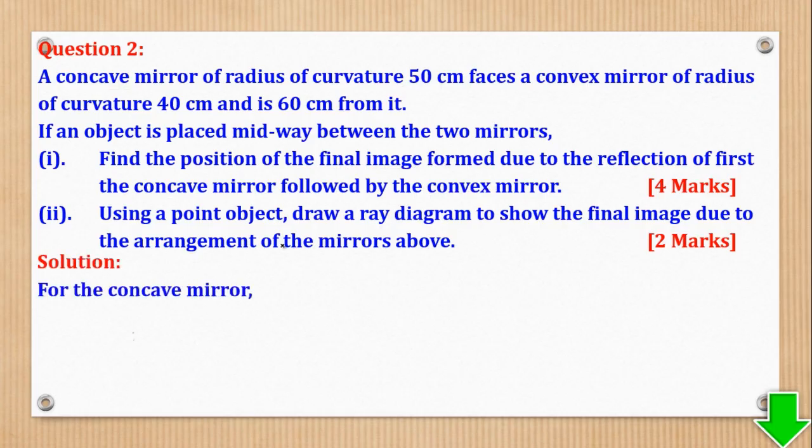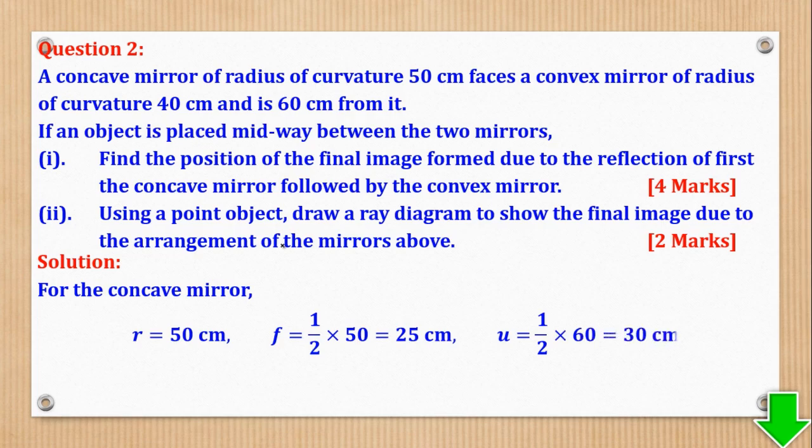So for a concave mirror, we know the radius of curvature is 50, meaning the focal length will be 25. And the object distance is half, because they said it was placed midway of the separation. That is why we take half of 60 to give 30 centimeters.